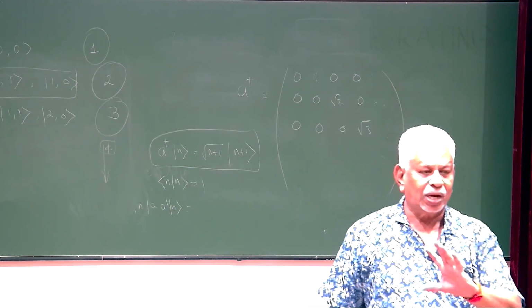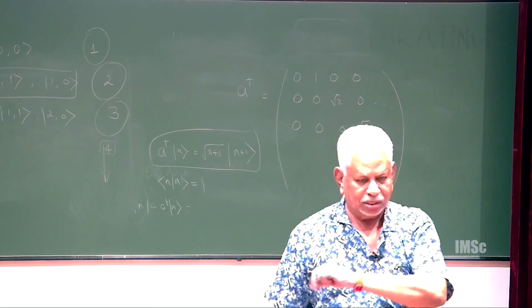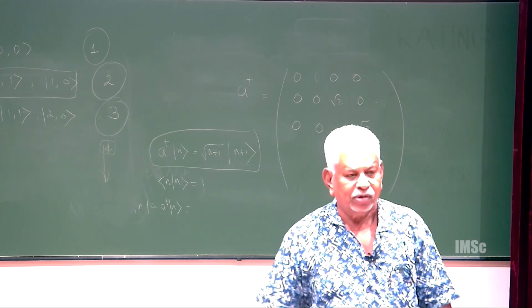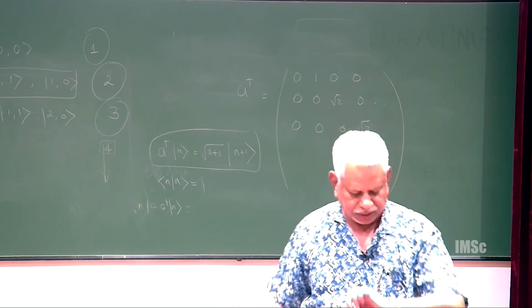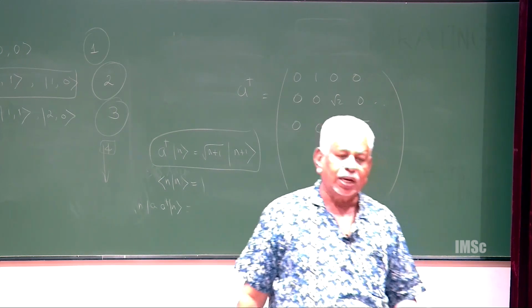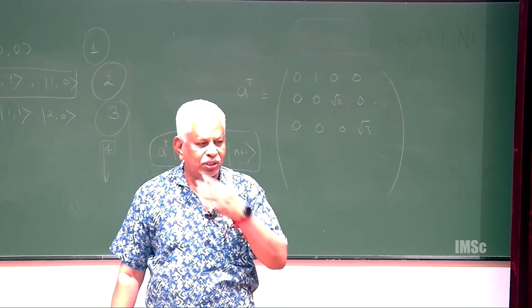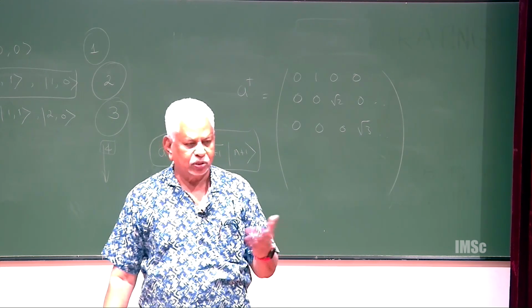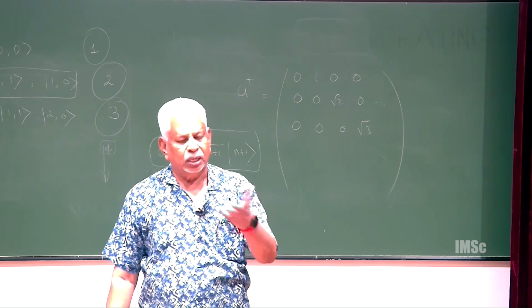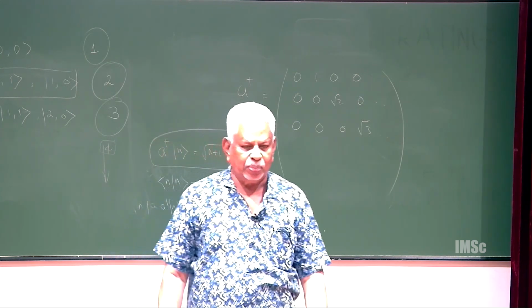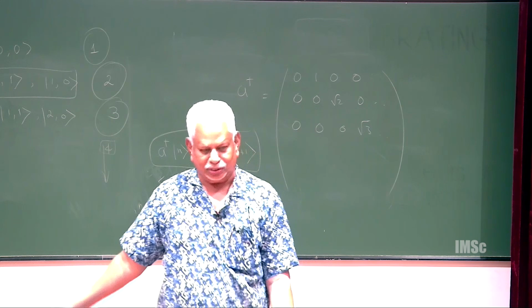So this is our minimal introduction to angular momentum, and then I will tell you more about some of these things if possible in tutorial and tomorrow also. Then I will take up time independent perturbation theory, which is also related to this.